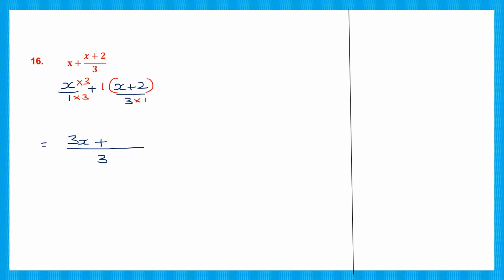When you multiply by 1, you get back the same thing. So we can write x plus 2. Now let's simplify this. 3x plus 1x. Let's add up the numbers. 3 plus 1 is 4. 4x plus 2 by 3.